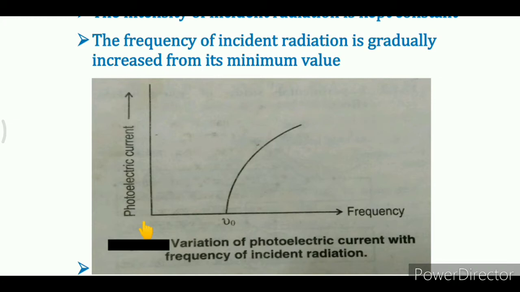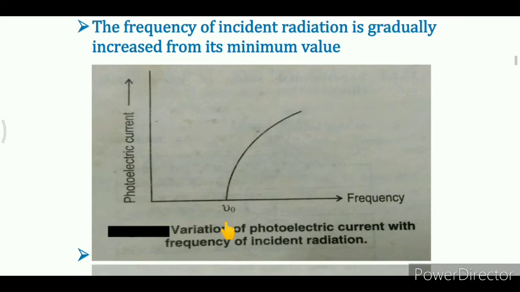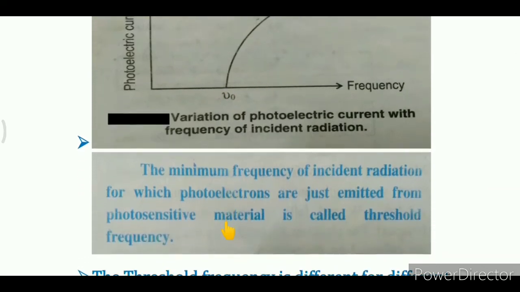Here we come to know that there is a particular frequency nu 0, which is called the threshold frequency, below which no emission of photoelectrons takes place, and hence no photoelectric current is recorded. So to have the photoelectric effect, the incident frequency must be greater than or equal to the threshold frequency.